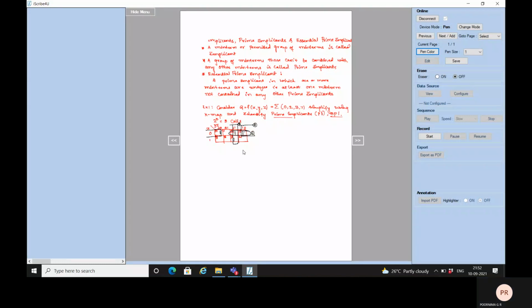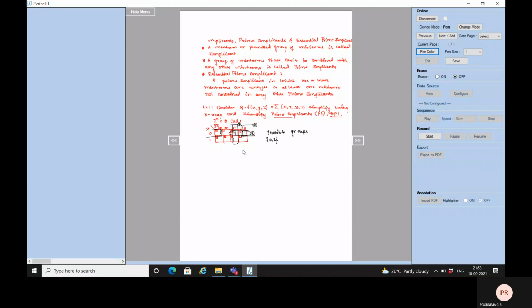In these 3 groupings of cells, we need to identify which are the essential prime implicants and which are the prime implicants. So let us take the possible groups. When the possible groups are considered, we are able to combine 0 and 2 adjacent.